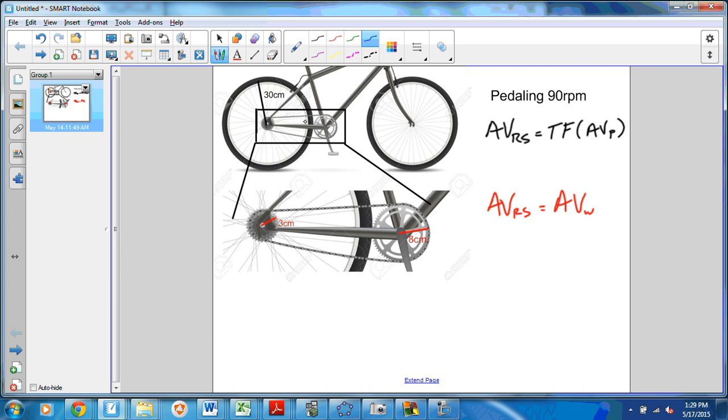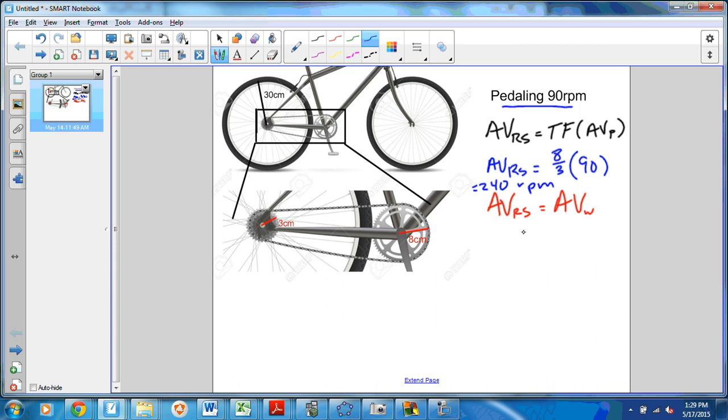So we'll just walk through these calculations, and I put some helpful ones that are given as we are pedaling at 90 RPMs. So I know the angular velocity of the rear sprocket is going to be the transmission factor, in this case 8/3, times the angular velocity of the pedal, which is 90. So eventually that rear sprocket is 240 RPMs.